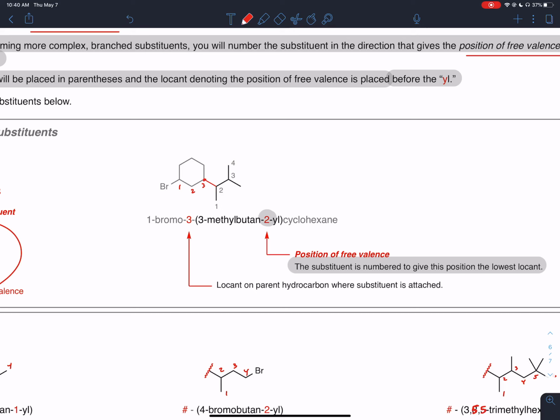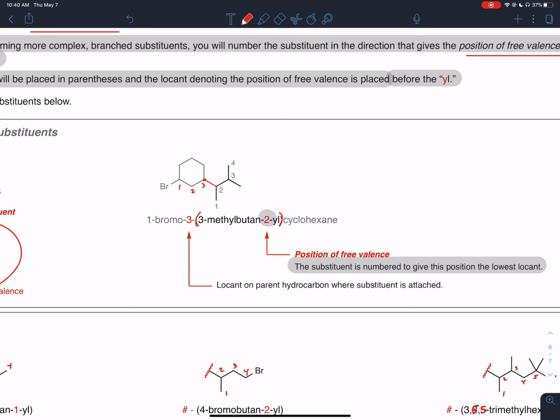Now, we said that we would put our complex substituent in parentheses. So notice we have parentheses capturing this entire complex substituent. This locant represents where on the parent hydrocarbon our complex substituent is. Then what we would do is essentially name this as a compound itself.